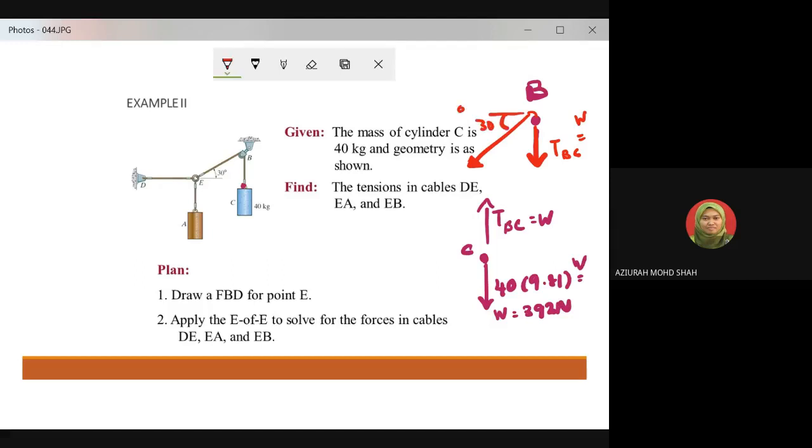I know that this is also equal to W. So kita boleh kata TEB is equal to TBC is equal to W, which is 392.